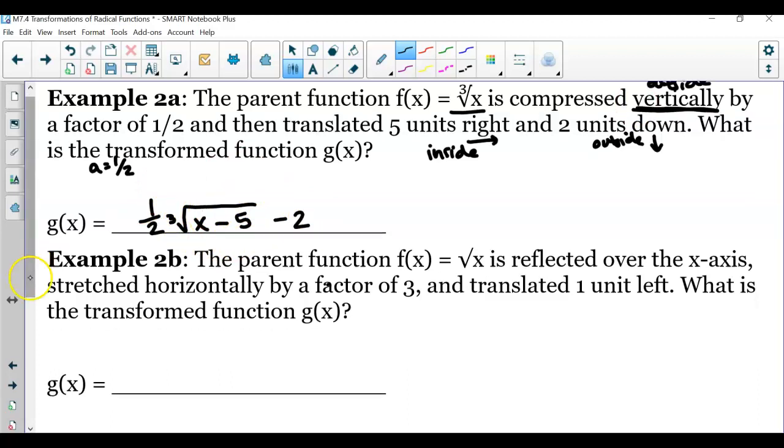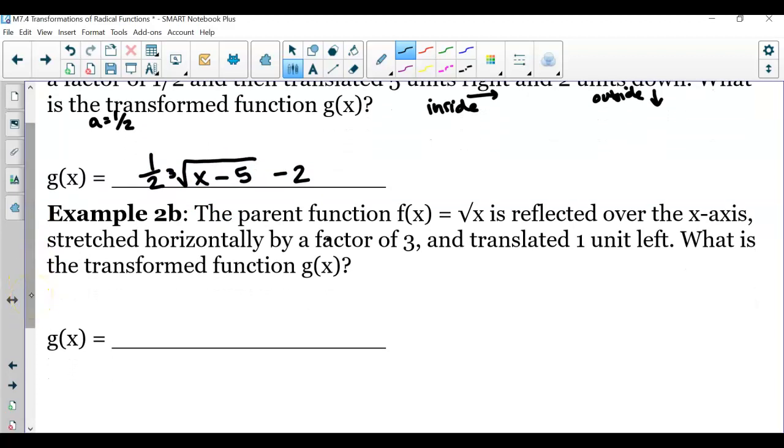So now let's look at the next example. We're talking about reflecting the square root of x over the x-axis. So if you recall, if I'm reflecting over the x-axis, we're flipping vertically. So this is another vertical, which means this is going to be on the outside. So again, keep in mind that reflection showing on the outside.